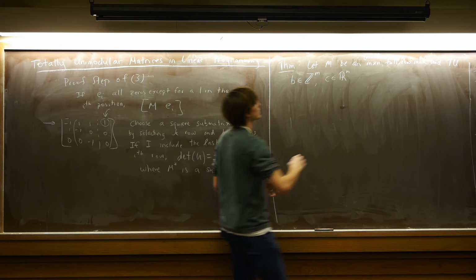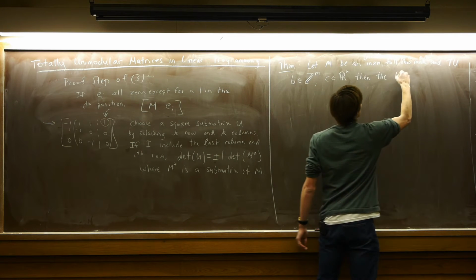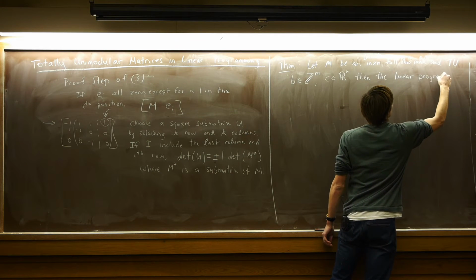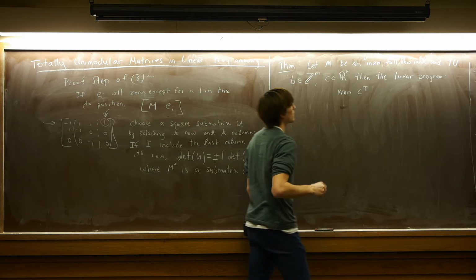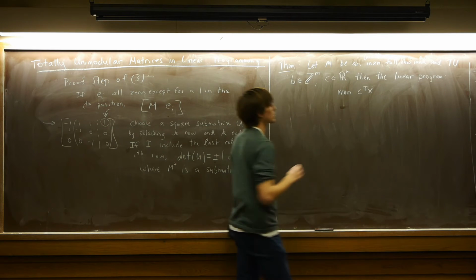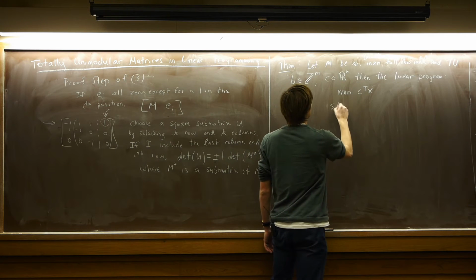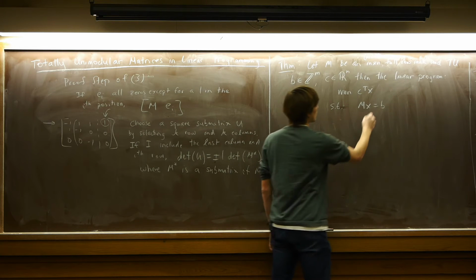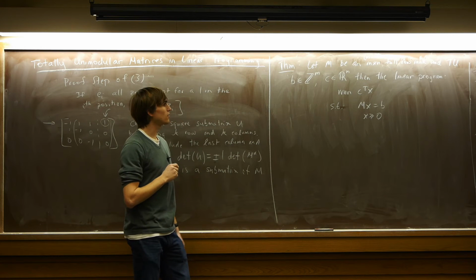Now, given all this, you can say then the linear program: minimize C transpose times X. X is my unknowns that I'm solving for, subject to the constraints M times X equals B. And I want all of my X's to be non-negative.